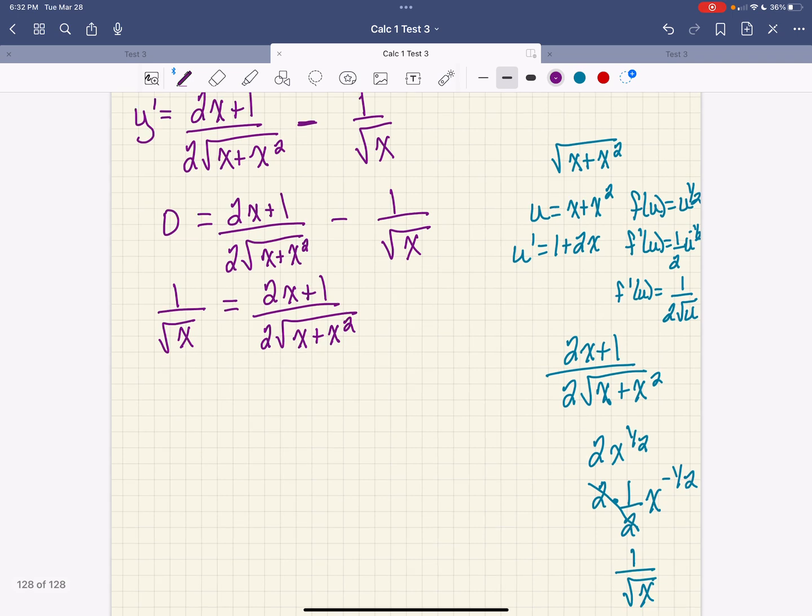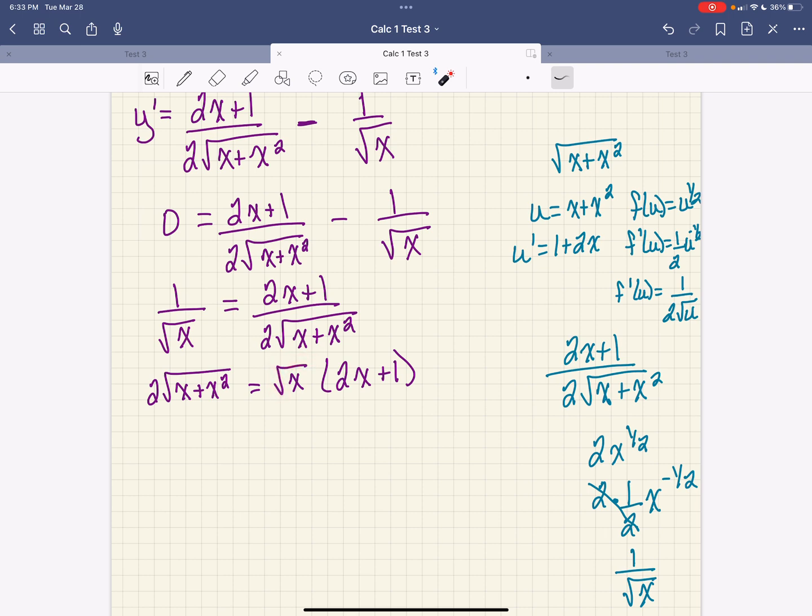So what I end up with is 2 on the square root of x plus x squared equals the square root of x times 2x plus 1. Now I've got a whole bunch of square roots in here.